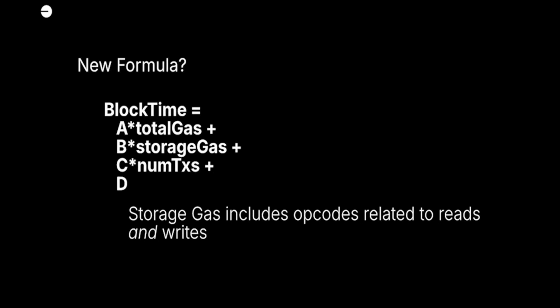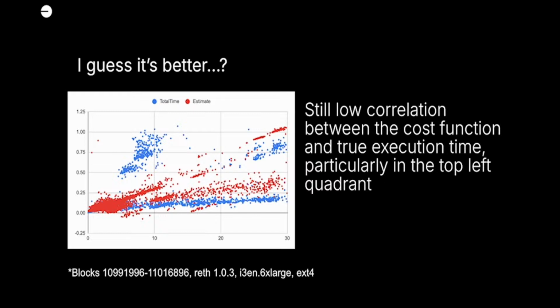The best thing we came up with was a fairly simple formula. Our variables are the total gas for the block, the storage-related gas, that's SLOADs, SSTOREs, calls, anything that possibly needs to read or write from disk, and then an assumed overhead per transaction. Running a multivariate linear regression, least squares, we were able to create a cost function here.